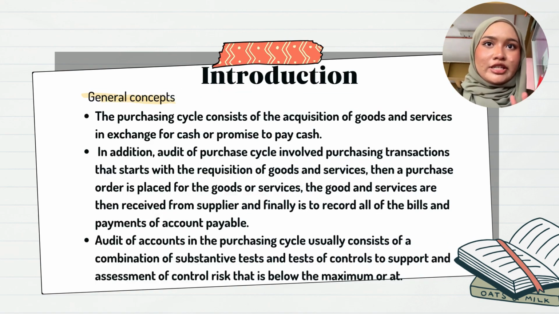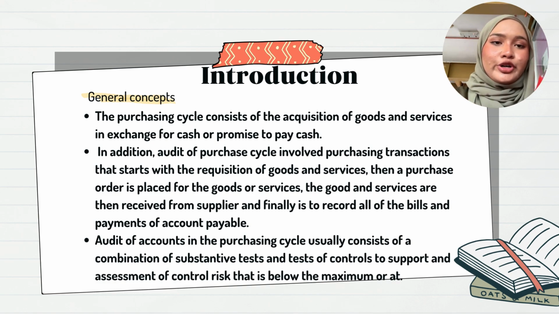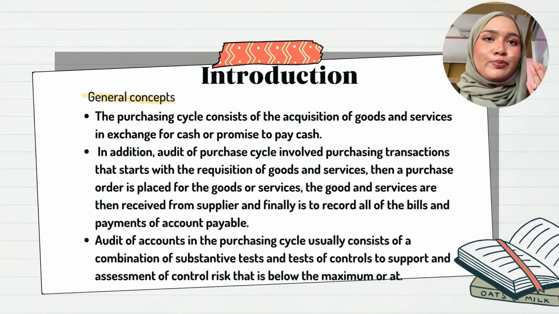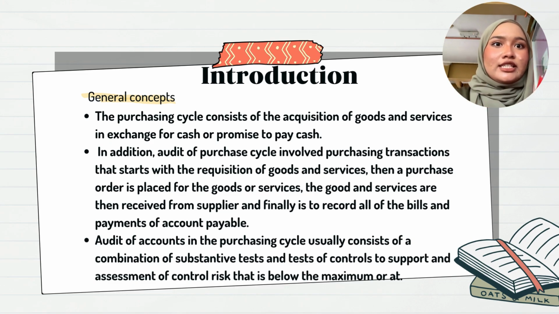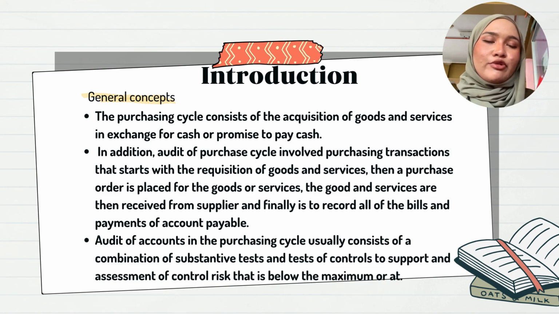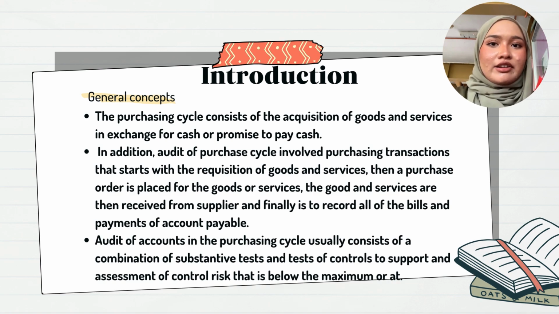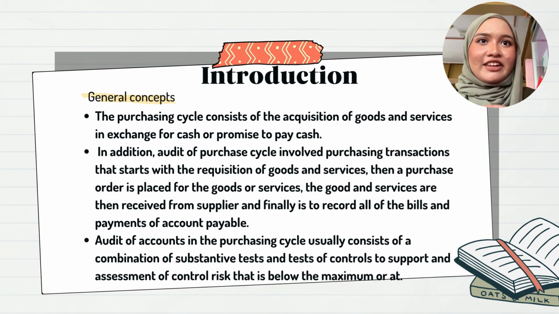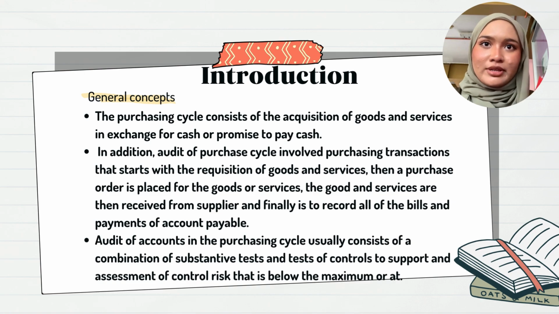For the introduction, the purchasing cycle consists of the acquisition of goods or services in exchange for cash or payment to pay cash. In addition, audit of purchase cycle involves purchasing transactions that start with the requisition of the goods and services, are then received from supplier, and finally is to record all of the bills and payments of accounts payable.